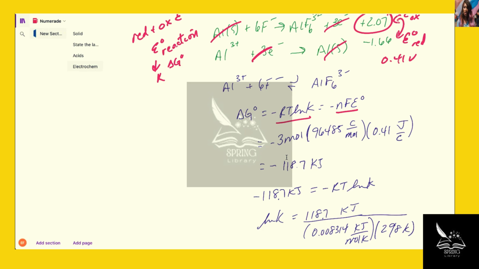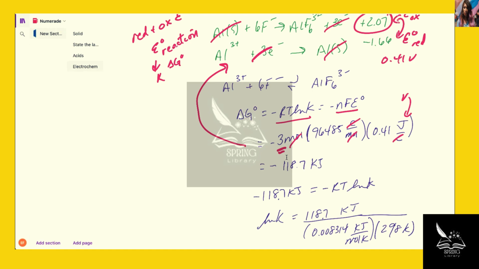But in any event, if we use negative nFE0, it's 3 moles of electrons. If you look back to the equation, there were 3 moles of electrons. Faraday's constant, E0 is 0.41. Remember that volts is equal to joules per coulomb, so you cancel everything out except joules. This is equal to negative 118.7 kilojoules.